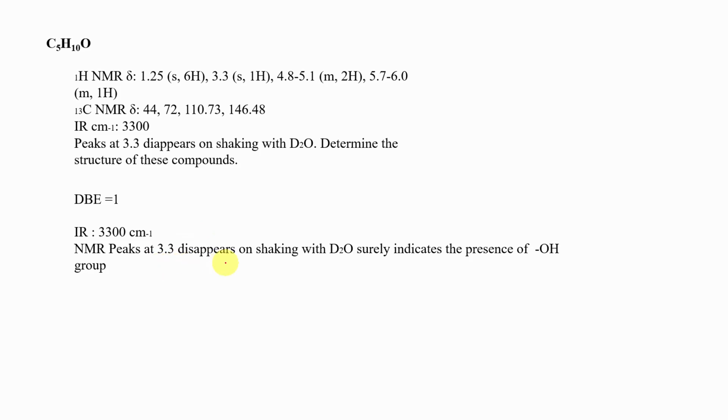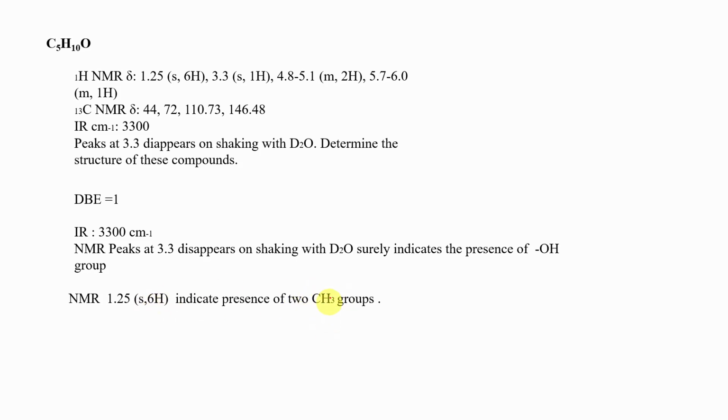That is the characteristic. Then see the NMR values: 1.25, 6 hydrogen singlet, indicates the presence of two CH3 groups. But these CH3 groups are attached to another group containing no hydrogen atoms, and hence a 6 hydrogen singlet.